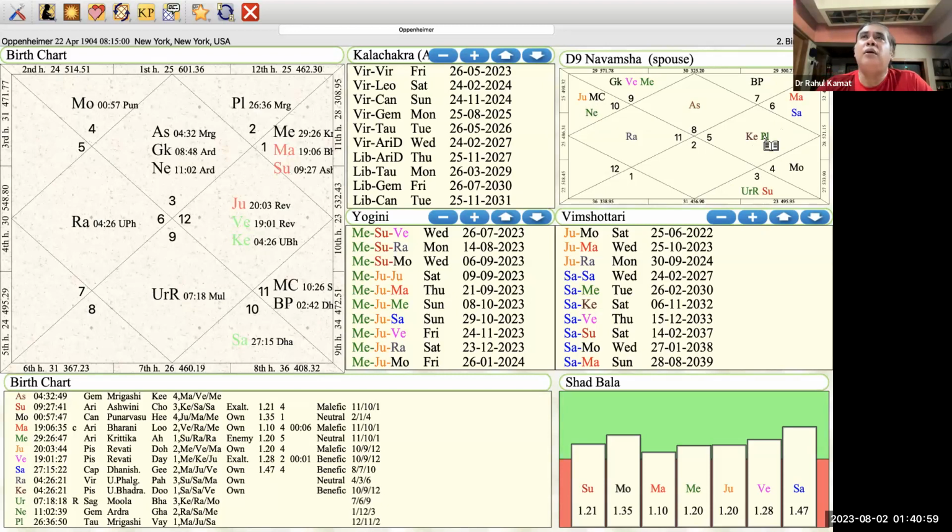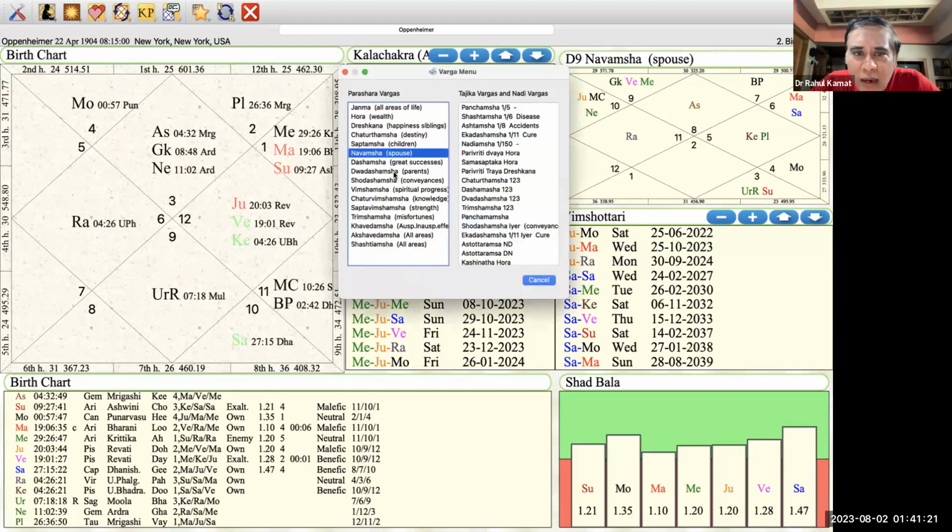Pluto is actually also nuclear energy. It is death. It's Yama. So Pluto is Yama. Pluto is the same as the god of death, okay, in ancient mythology.